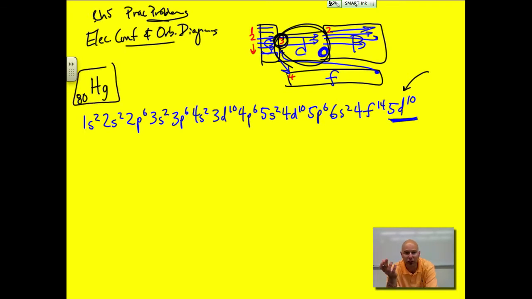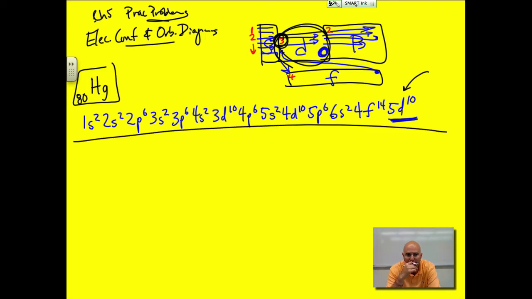Okay, that's electron configurations. For orbital diagrams, I'm not going to do one that's as long, but let's take a look at one. Let's say we want to do the orbital diagram of gallium. Gallium is number 31. It's in the P block, and we can go from there.